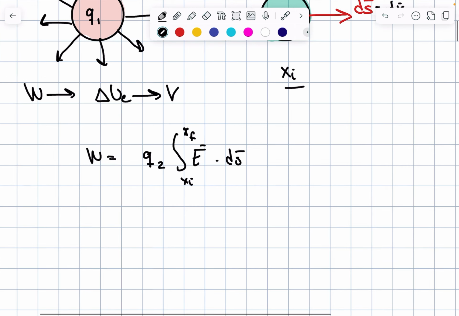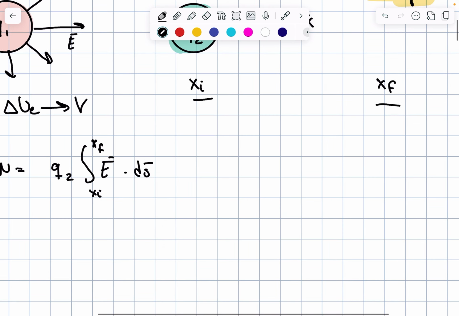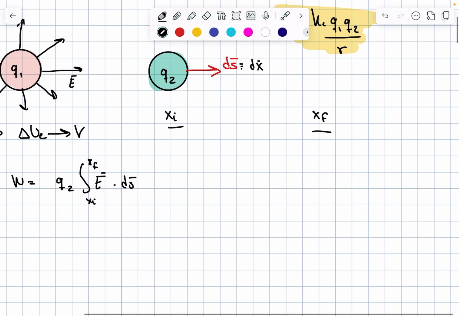Now, like we've had before, we know that E and ds are in the same direction here. We have E going along this direction, ds, which is dx, along this direction. So we can rewrite this as Q2 integral from x initial to x final E dx.